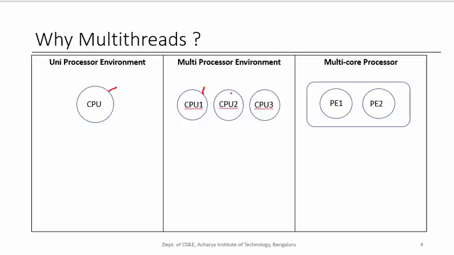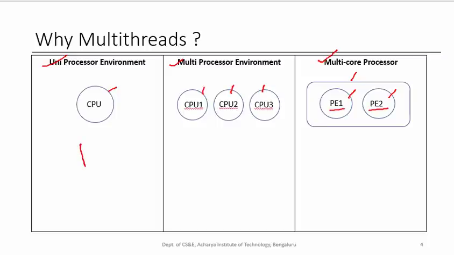Here in this case we have three CPUs. In a multi-core processor based computing environment, we have multiple cores present inside the processor. In this case we have two cores. I have named them processing element 1 and processing element 2. There can be more than two cores inside the processor. This is what we just discussed.